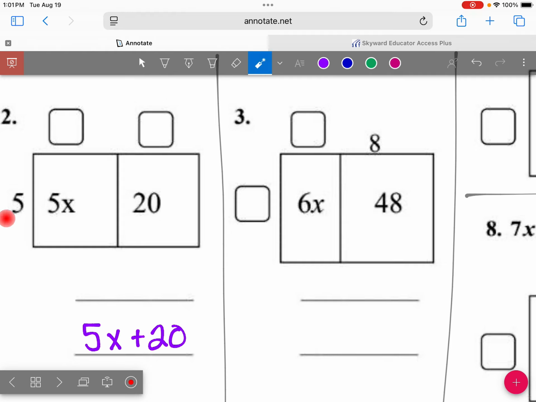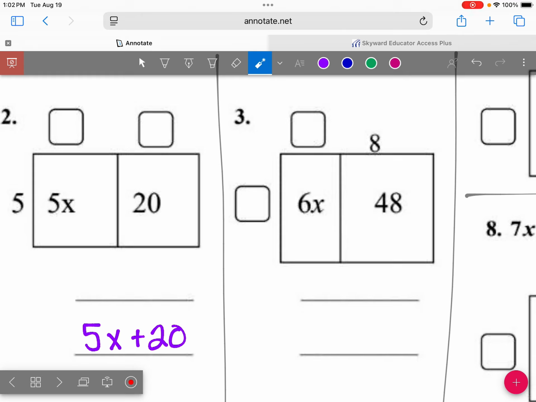But if we take a 5 out, so if we have this inside bit, and we're going to take a 5 out, what is going to be left up here if I divide by 5? X. Because if I had an x up here and I had x times 5, that would give me 5x.